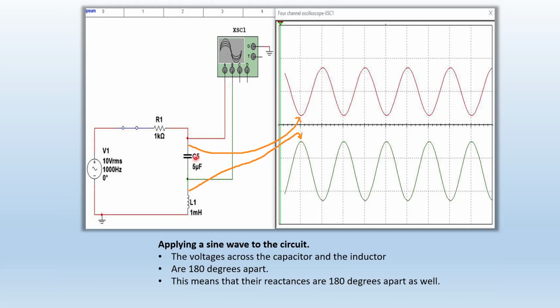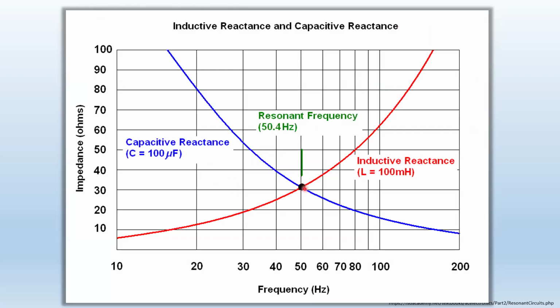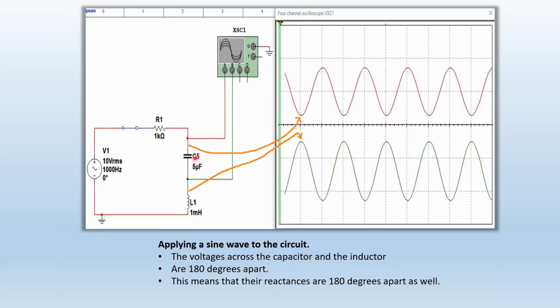What's going to happen when we have that resonant frequency? In the capacitor, we're going to have a reactance pulling one way, and with the coil, we're going to also have a reactance pulling another way with the same value. They're going to cancel each other out.